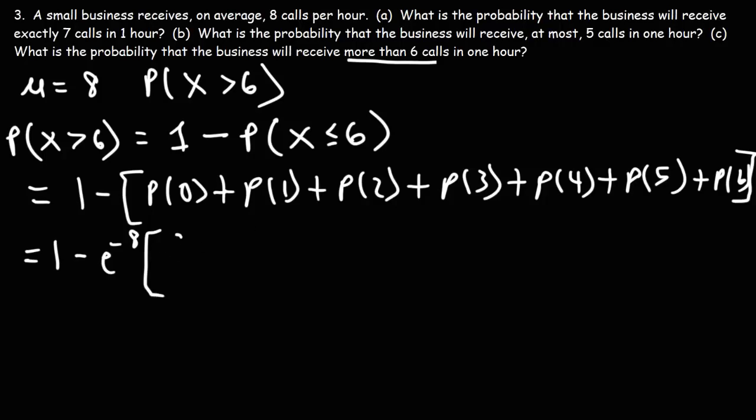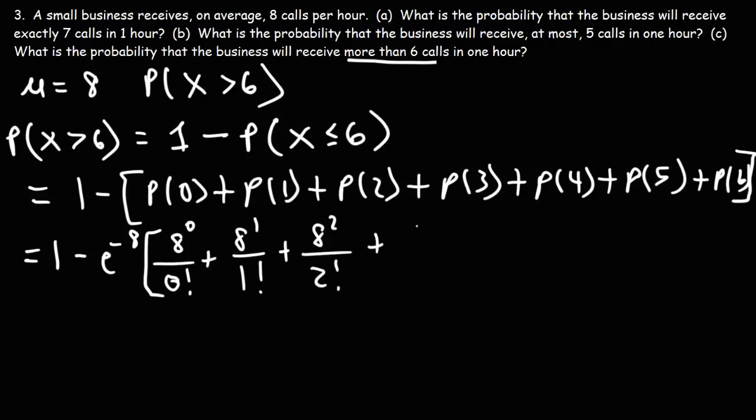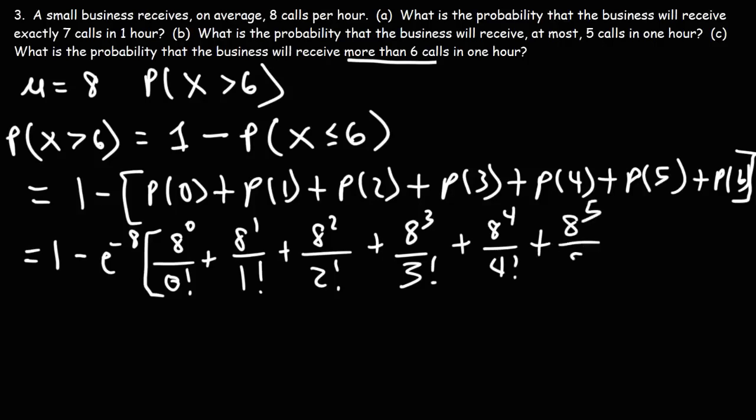So mu is still 8, x is 0, and then plus 8 to the first power over 1 factorial plus 8 to the second power over 2 factorial. And we're going to repeat this until we get to 6. So go ahead and type this in. Hopefully you have a scientific calculator, which will make life a lot easier when dealing with problems like this.